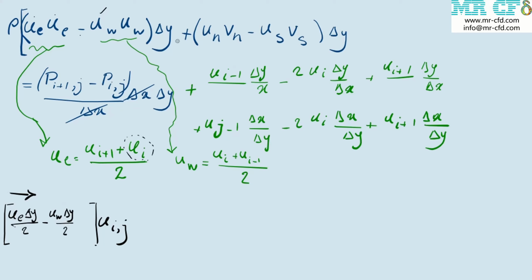The north face velocity, v sub n, can be expressed as the average of v at indices j and j plus 1. The coefficient associated with u at index I and j includes a term of v sub n times delta x over 2.